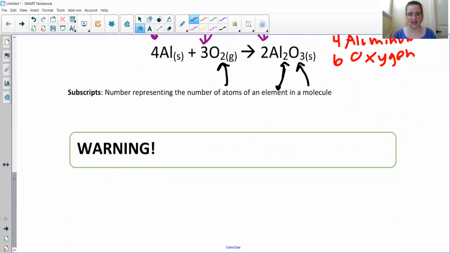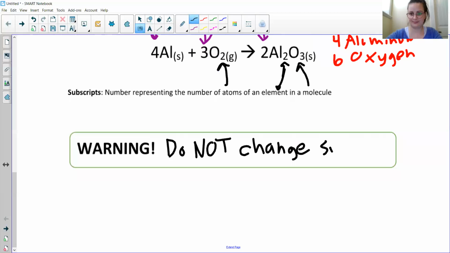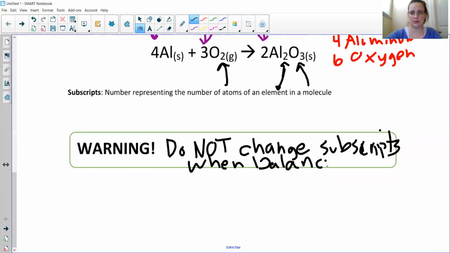I've already said it. I'm going to say it again. I'm probably going to say it even more later. You do not change the subscripts when balancing. Don't do it. You'll want to. Don't resist the urge. You only adjust coefficients. Okay.